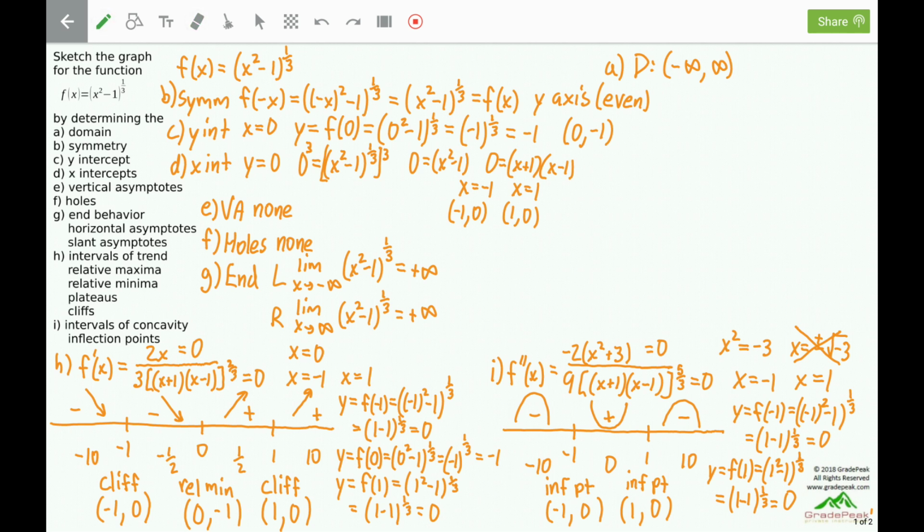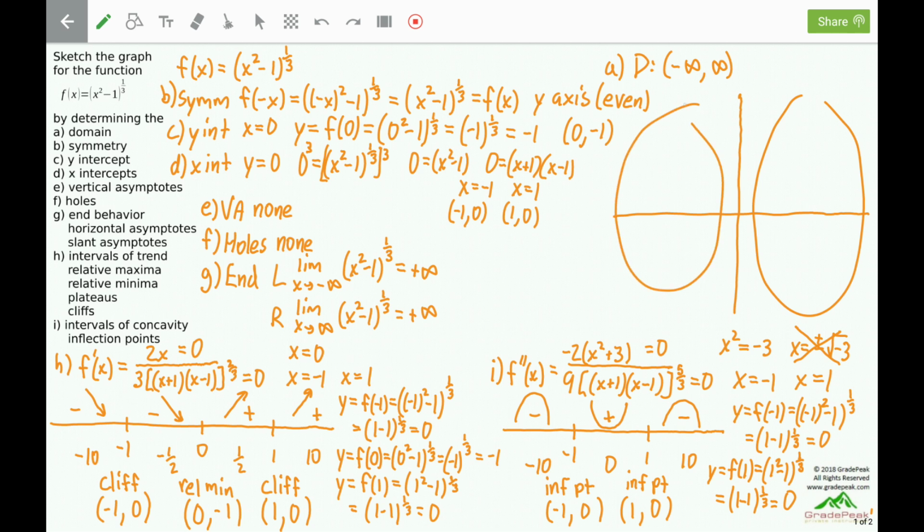We can now draw the graph. We have a vertical axis and a horizontal axis. The domain is all real numbers. We found that it will have y-axis or even symmetry. That means that the graph will be a mirror image of itself over the y-axis. So whatever we see over here, we will see its mirror image or its flip over the y-axis over here. We will be sure that that is the case.